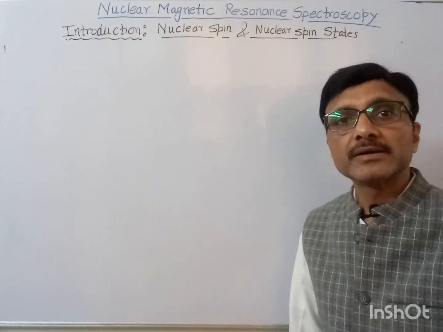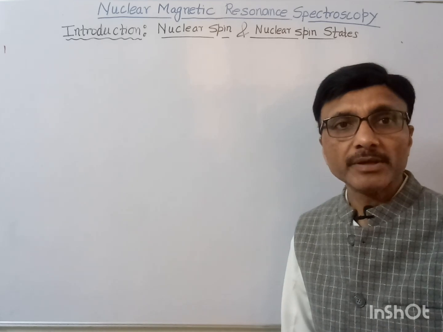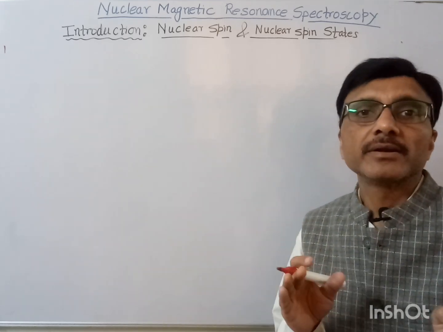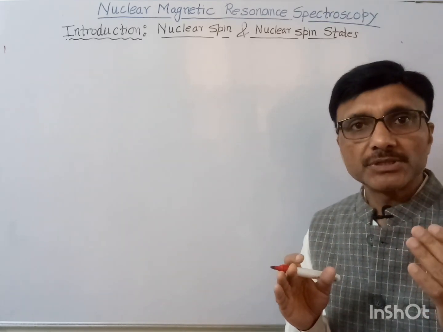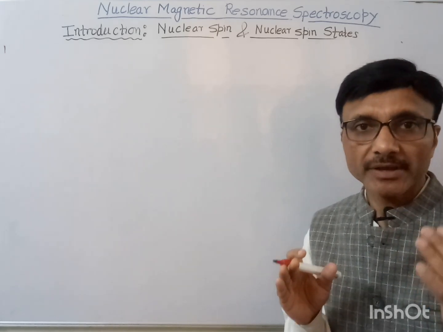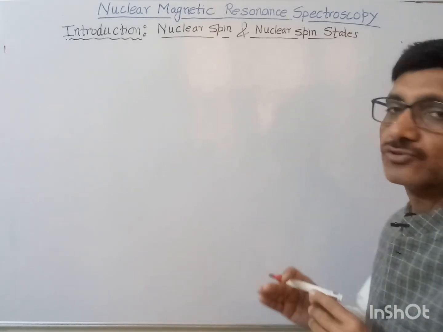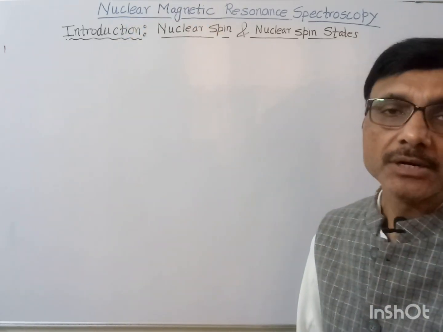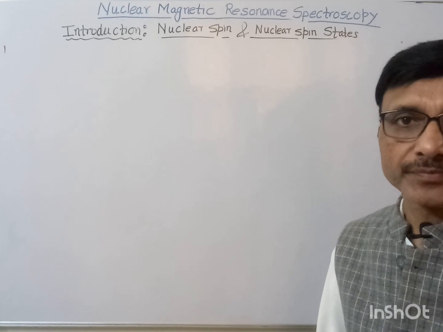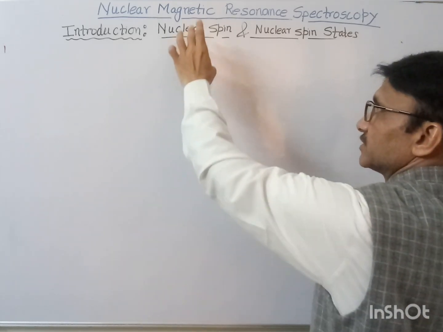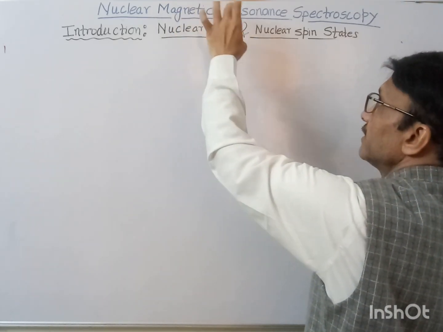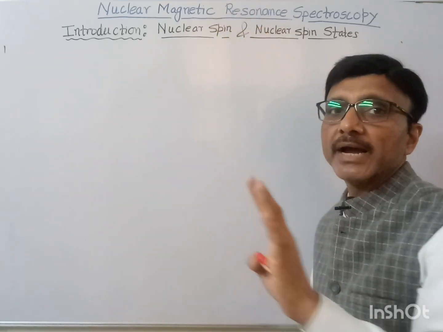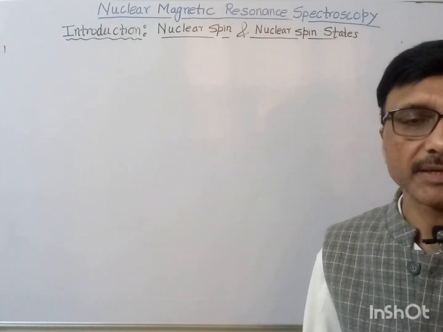What we read in UV visible spectroscopy is that the electron of an atom absorbs the UV visible radiation. Here in NMR spectroscopy, the nuclei of an atom absorb radio frequency. In the presence of an external magnetic field, resonance takes place and we get the NMR signal.